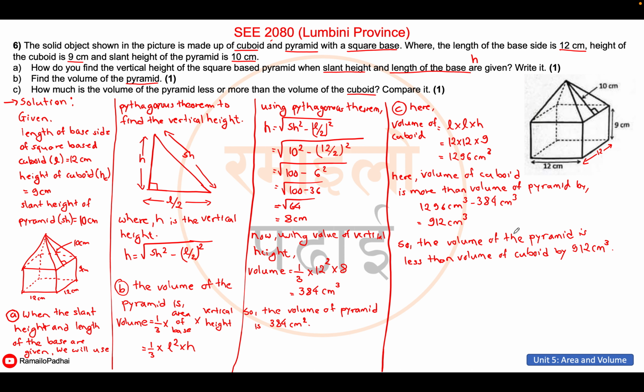Okay, so this is about the solution of this question, and as you can see, I have written the volume of the pyramid first in the final answer because in the question the volume of the pyramid is written first. So I'm just writing it based on the language of the question asked.